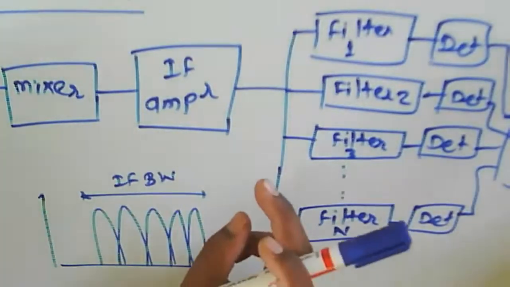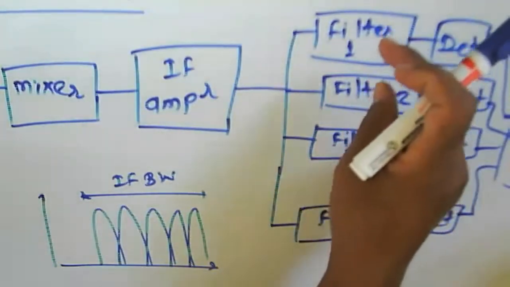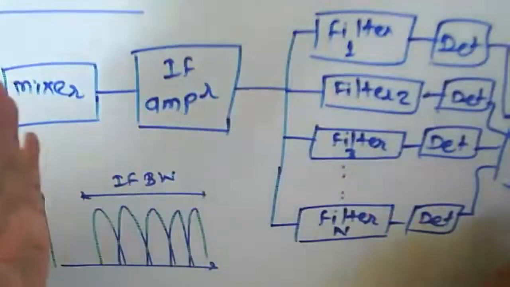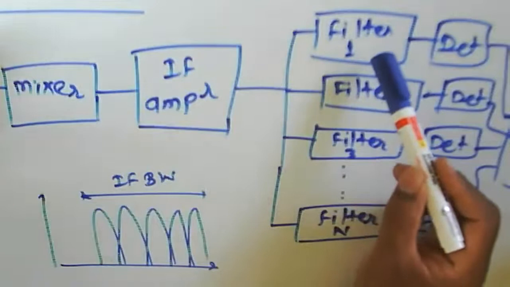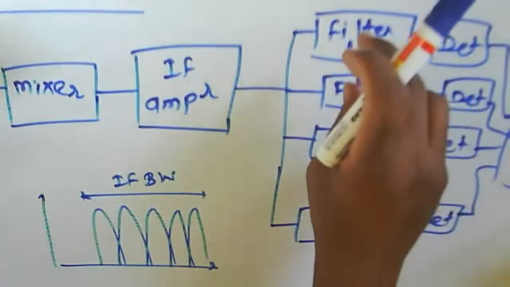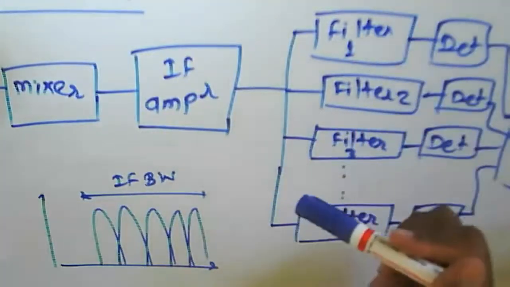Even if a single filter will not work in a wide band, it will work only in a narrow band, overall your receiver will work in a wide band. And because we are supposed to use various bands of frequency or various filters, naturally it will reduce the signal to noise ratio.